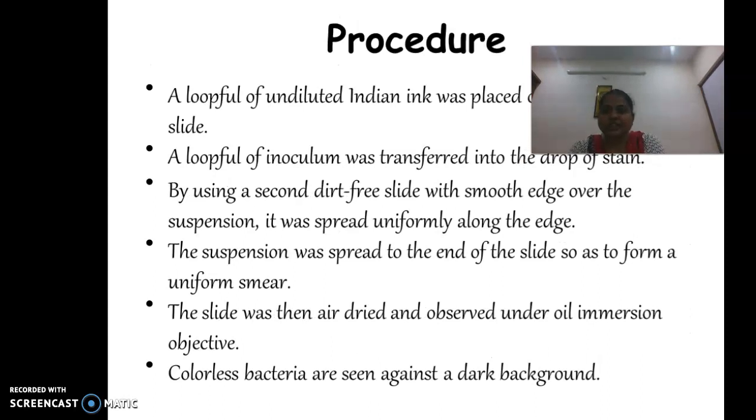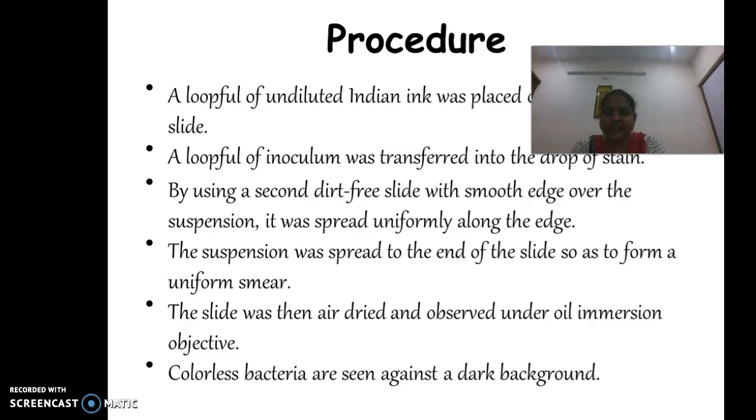So what is the procedure for this negative staining method? A loopful of undiluted Indian ink is placed at one end of a clean slide. Then a loopful of inoculum is transferred into the drop of the stain.